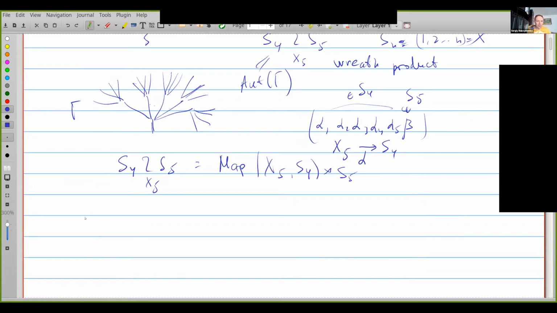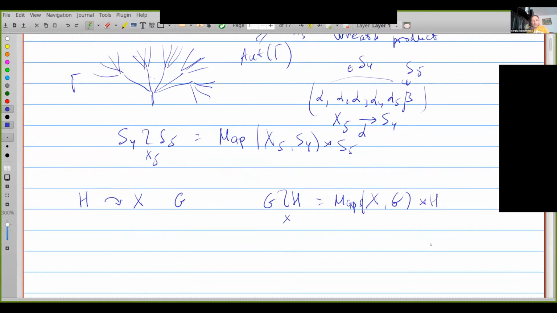Suppose we have a group H which acts on some set X, and then also a group G. Then their wreath product G wreath H is by definition the set of maps from X to G, semi-direct product with H. And the operation in this group is given in the following way.